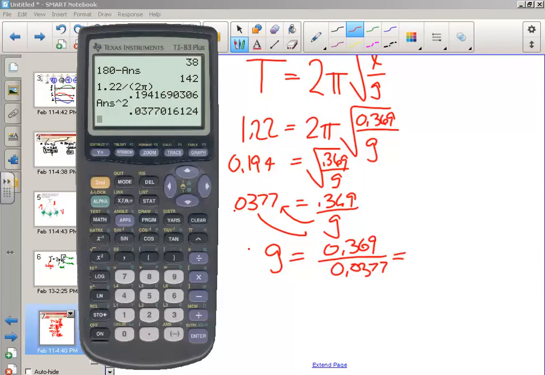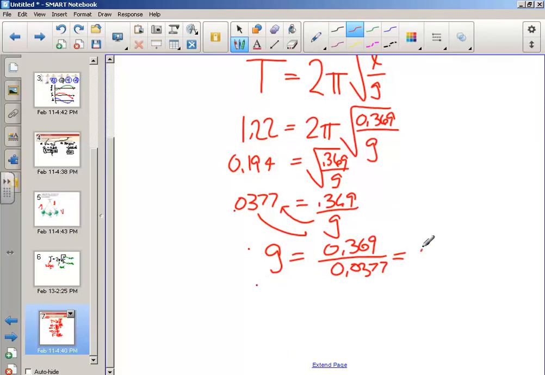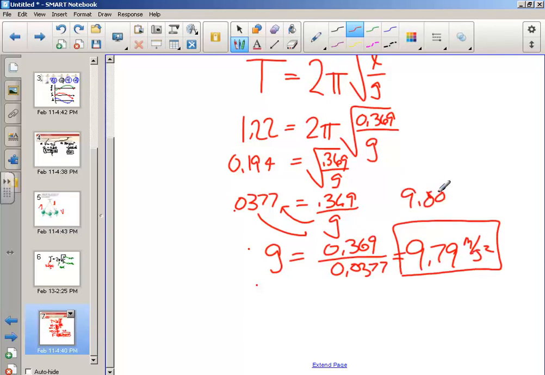So I take 0.369 divided by my answer, and I get 9.79. And does that make sense? Sure, because we usually talk about gravity being 9.80, but that depends on a lot of stuff: where you are, what sort of things you're around, your elevation. It's crazy. So that makes sense.